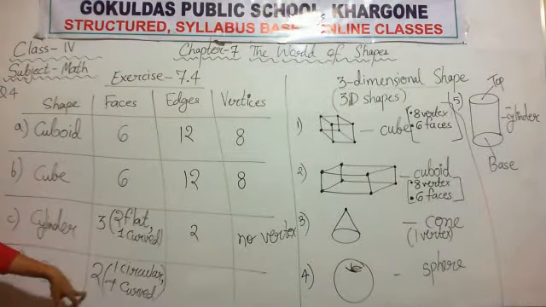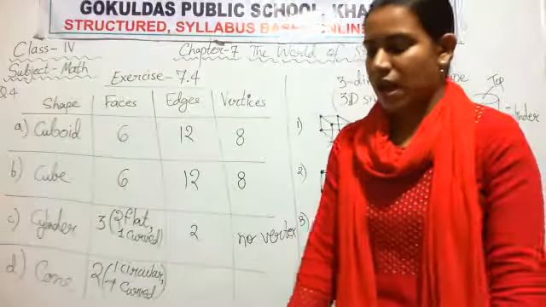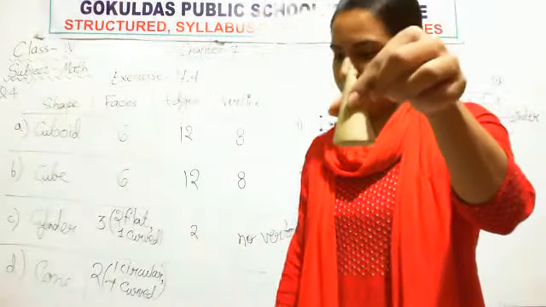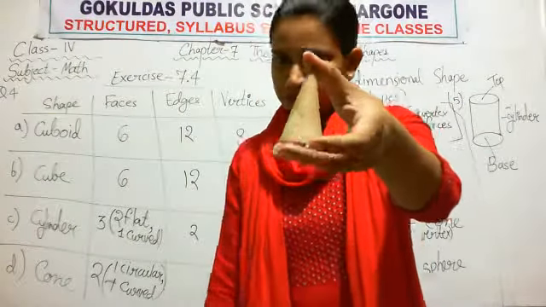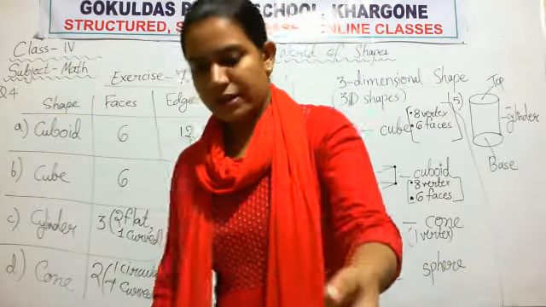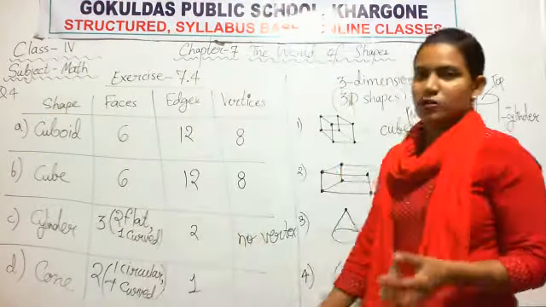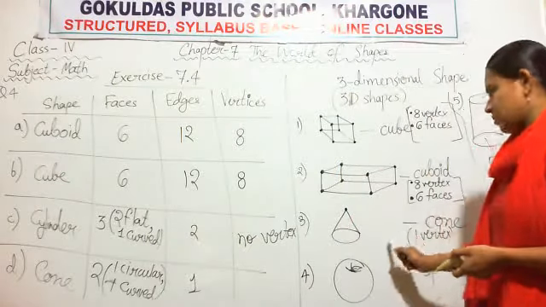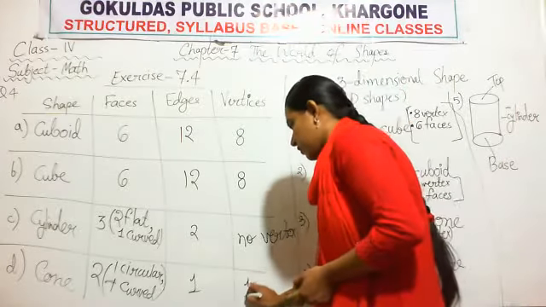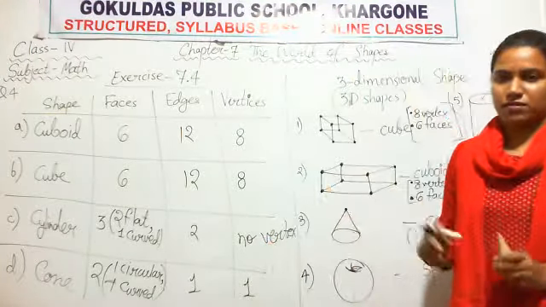Otherwise, write just 3 or 2. How many edges does cone have? Identify how many edges it has. It has one edge. How many vertices does cone have? I explained already. It has one vertex. So write 1 here. So for question number 4, you need to draw a table like this.